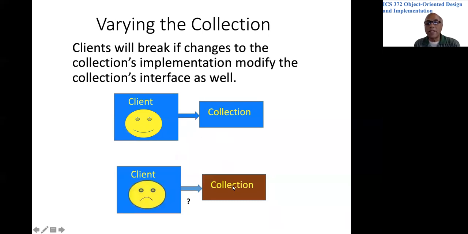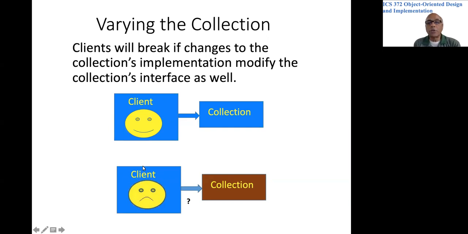So the client is using all this, everything is going well. But then suddenly the collection designer decides to modify the collection class. That is, change some of the methods, change, in particular, how objects are retrieved. If you do that, it is likely that the client will break.